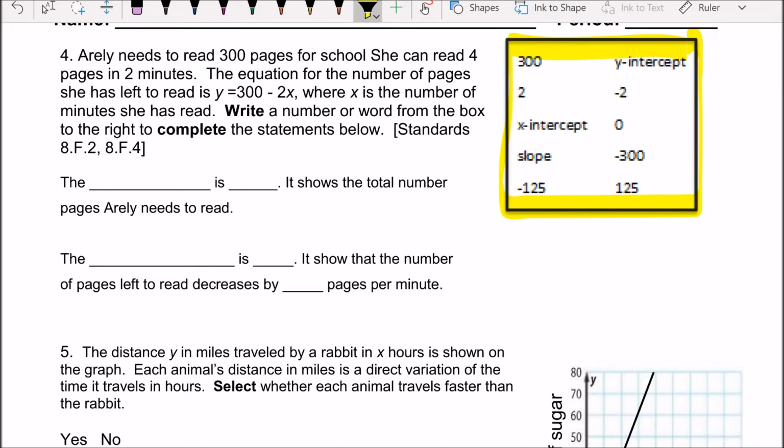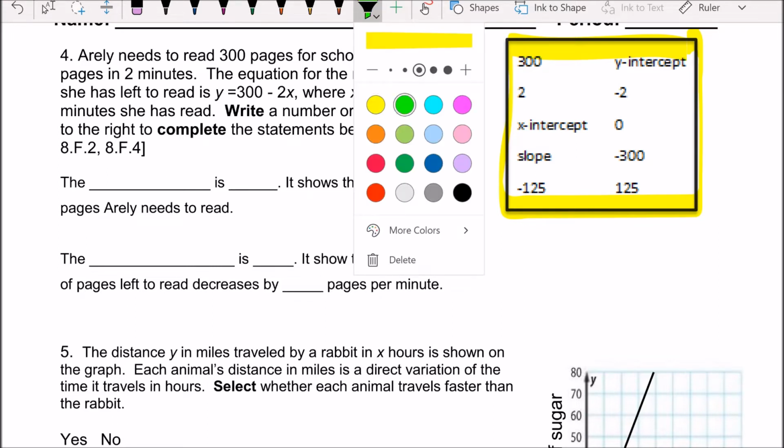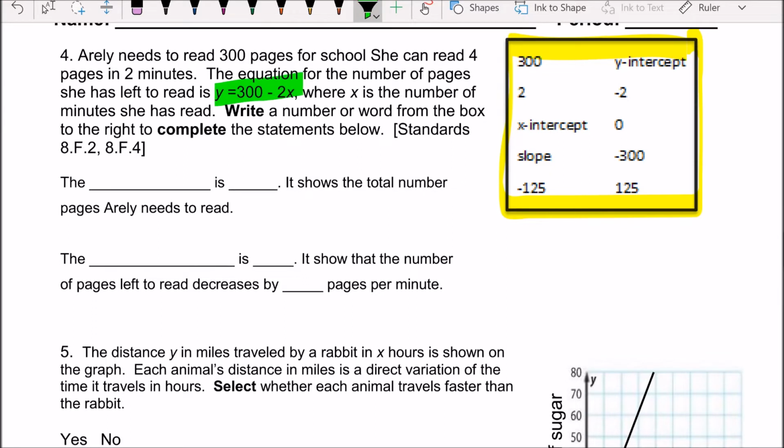So we're going to start with the equation that they give you, y equals 300 minus 2x. Again, this is not in the right form. We want slope-intercept form, which means that x is right behind the equal sign.